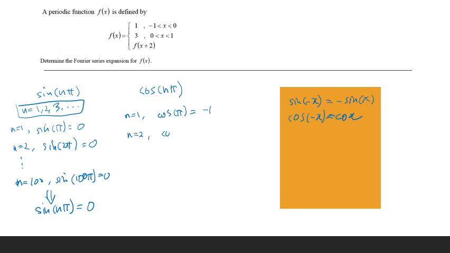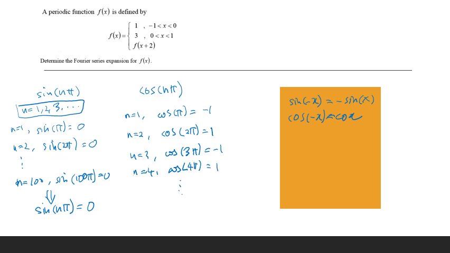We get cos 2 pi equal to 1. For n equal to 3, cos 3 pi equals negative 1. For n equal to 4, cos 4 pi equals 1.